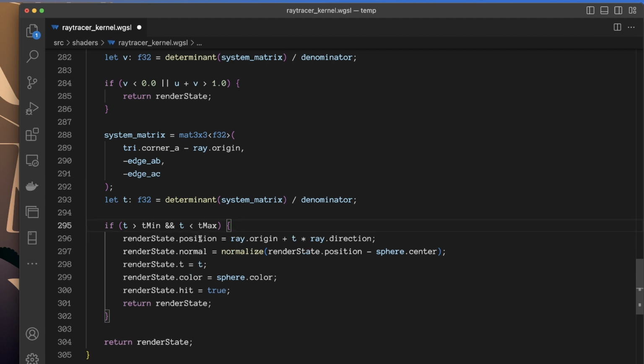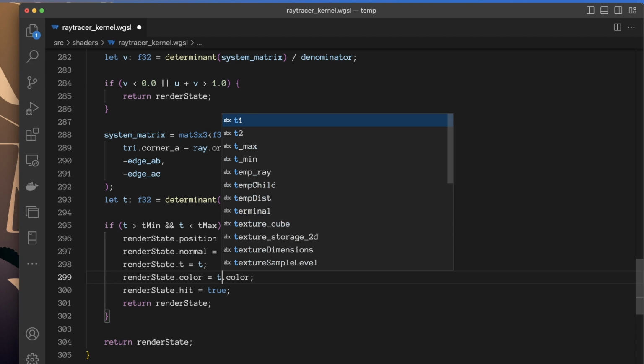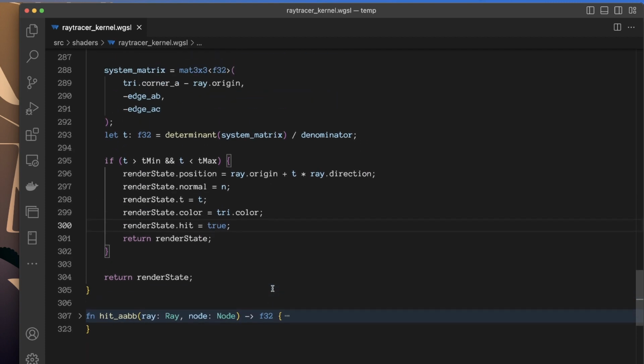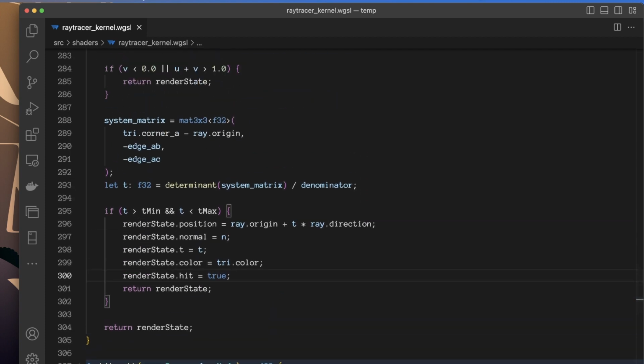So if it is, then we get the position. Okay, no worries. We get the normal, and we don't need to do this. We're not dealing with a sphere. We've already calculated the normal, it's n. We, of course, get the color of the triangle. And yeah, okay. So fingers crossed. Let's see how this goes. Let's just go.